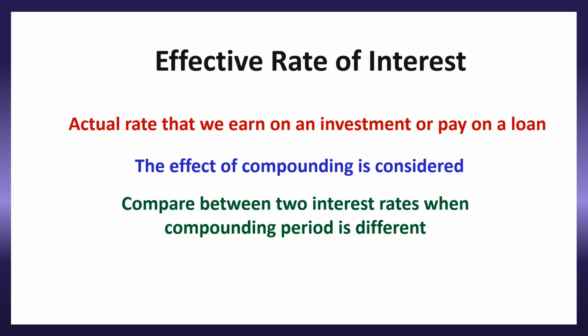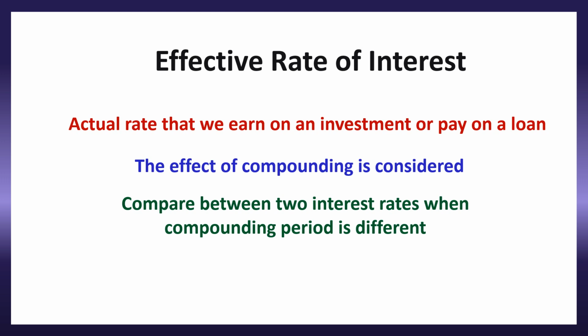When we calculate the effective rate of interest, we can understand which bank is providing us the lowest rate of interest. Otherwise, when we compare the interest of both the banks, both are telling 6%. It is not possible for us to understand which bank is providing the lower amount. But when we are calculating the effective rate of interest, we are comparing not the interest rate only, but we are also considering the compounding period.